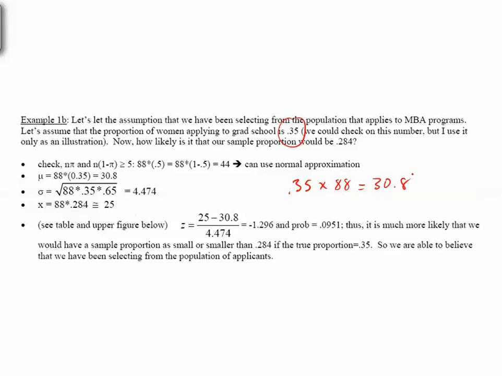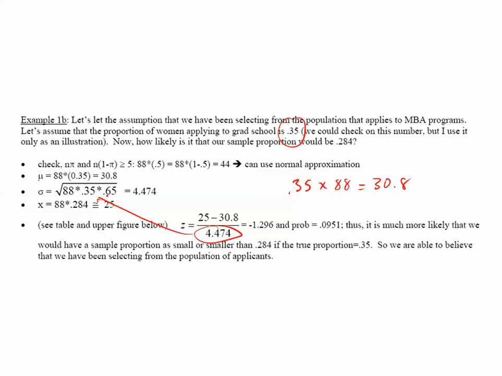So we'd expect 30.8 females out of a class of 88, not 44. Well, we still only have 25 females out of that class, divided by the standard error of the proportion. Notice that that changes just a little bit, and the reason is that our pi, or expected proportion of the population, changes from 0.5 to 0.35. 1 minus that value is 0.65.